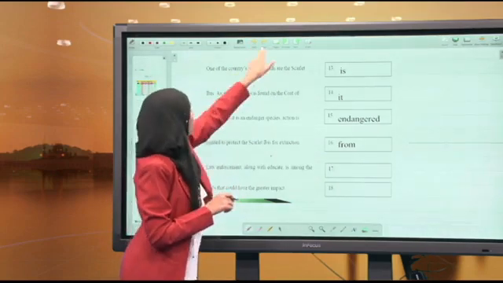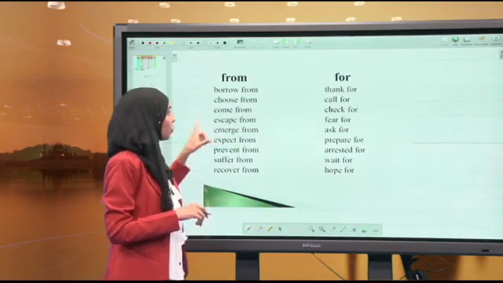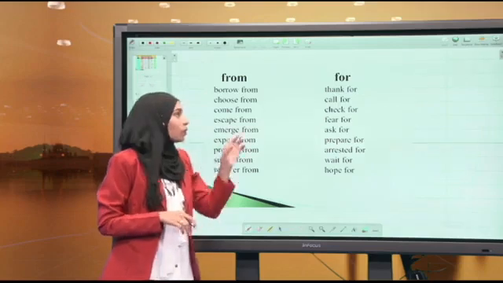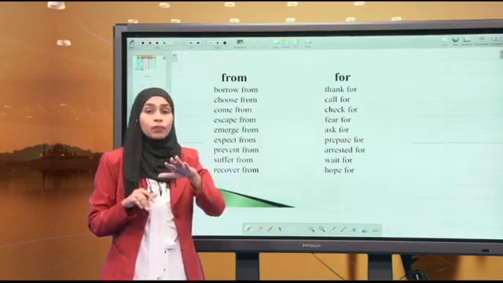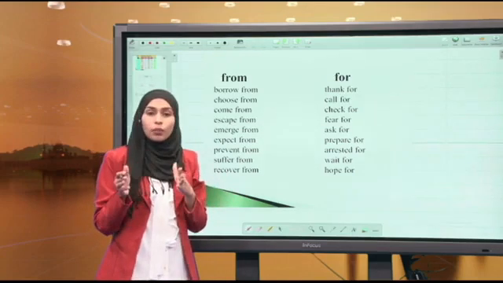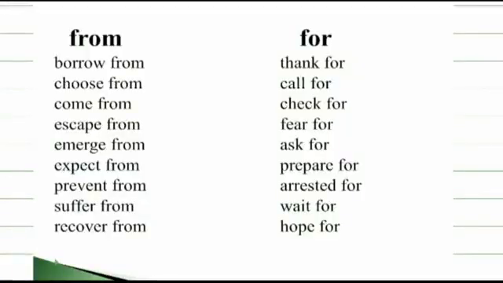So here, I've created a list with "from" and "for", and these are ways you can use the word "from" to be able to distinguish between "from" and "for", just in case you're a little confused. So we wouldn't say, well, we could say "borrow for" whatever, but here's an example of how you can use the preposition "from" after a word.